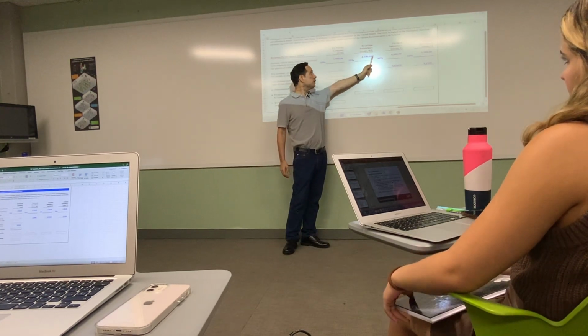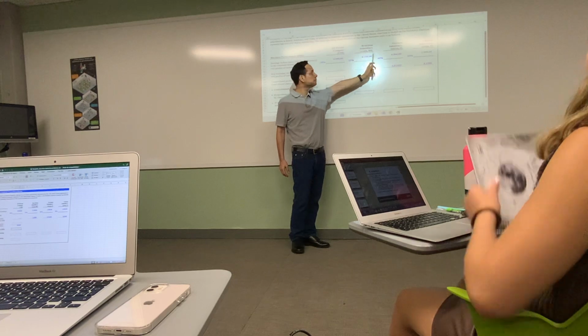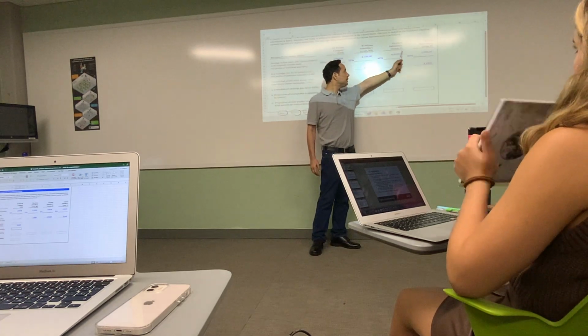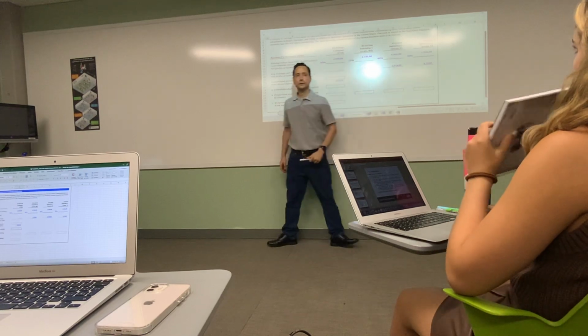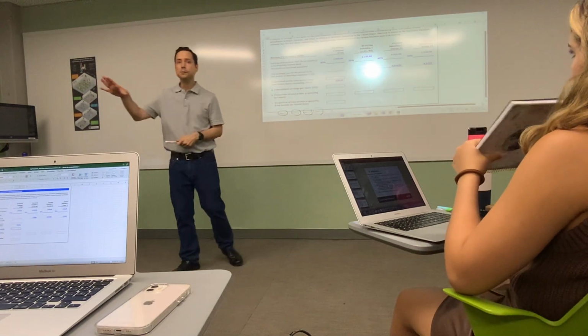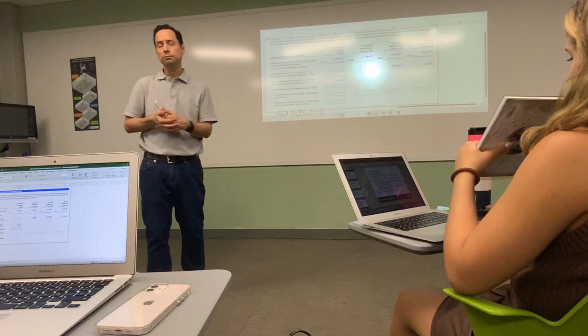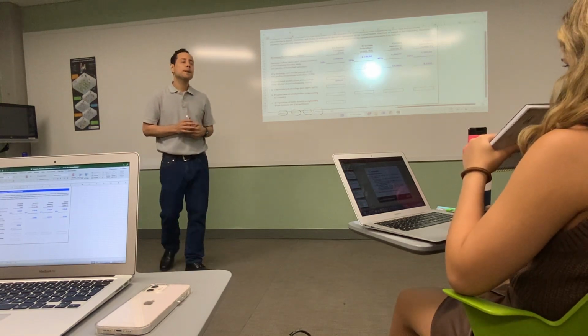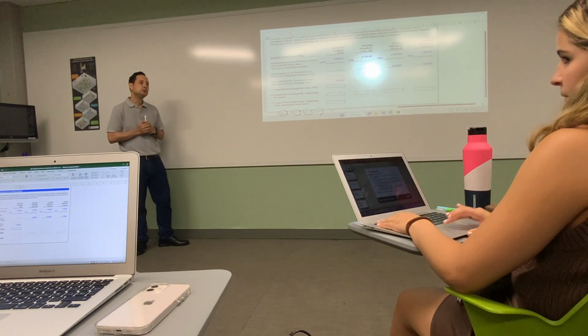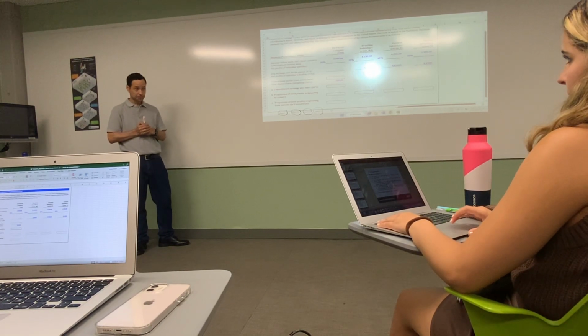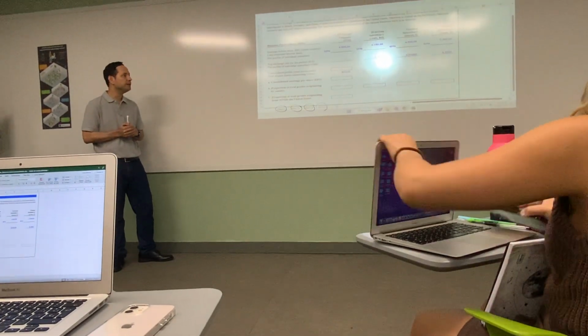The Brazilian subsidiary earns in reals, the German subsidiary in euros, and the Chinese subsidiary in yuan. Okay, so each subsidiary is earning their money in different currencies. Okay, for this exercise, we need to know which one is the home currency. So what do you think would be the home currency?